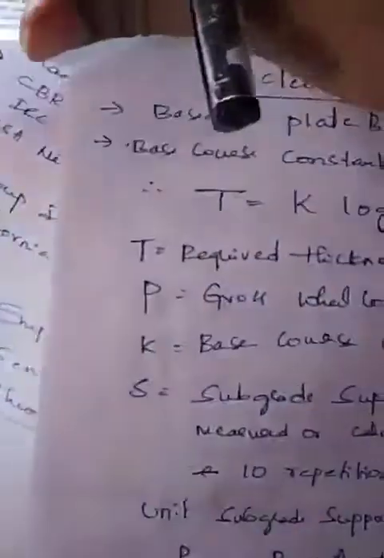Theory part I will not be discussing much, so I will directly start with the design. I will be giving notes, wherein you can refer to the theoretical part of the different design methods of flexible pavement.